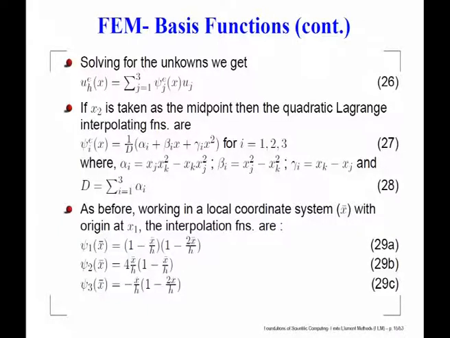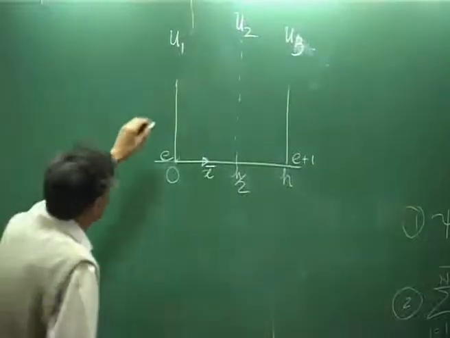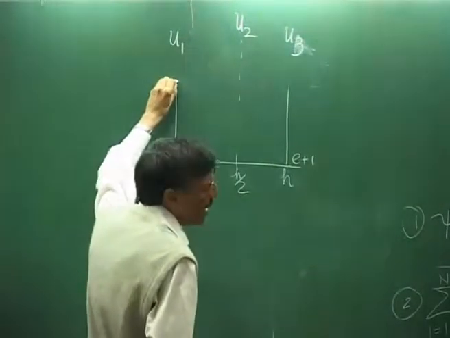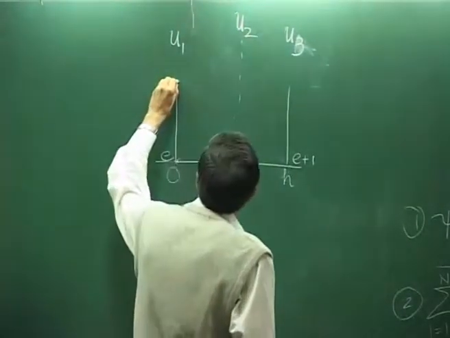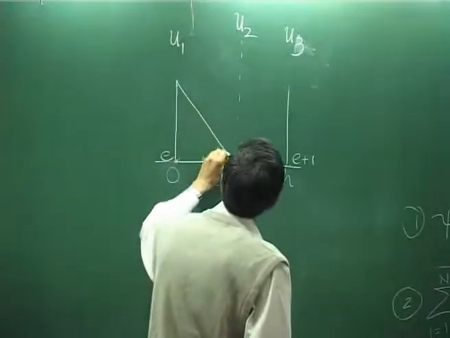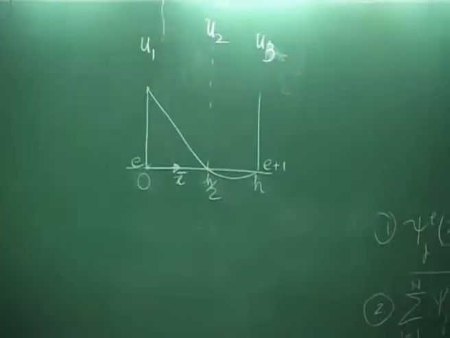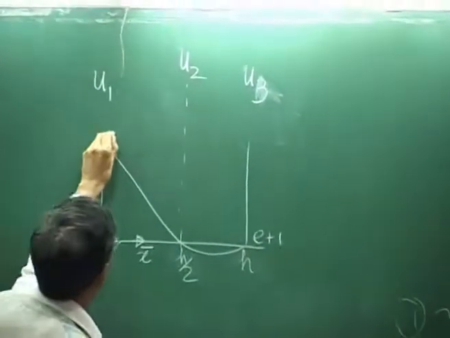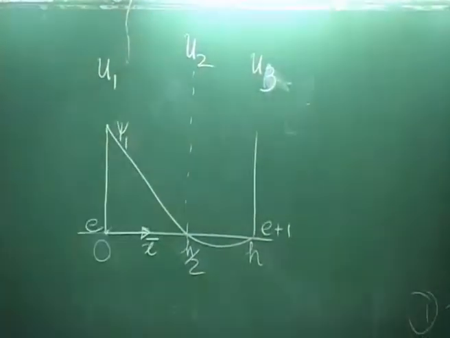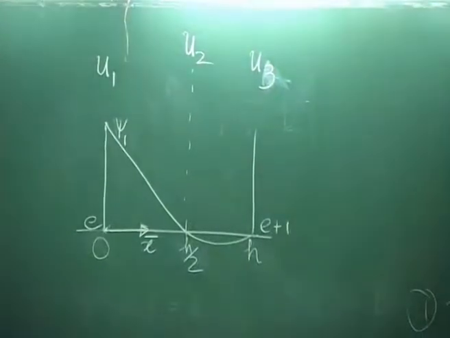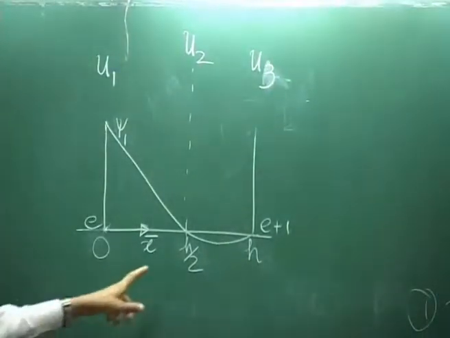It is easier for you to see, and that should convince you that it goes off there and it is a quadratic function. So, it would be something like this, right. That is your psi1. The psi2 function is symmetric about h by 2.